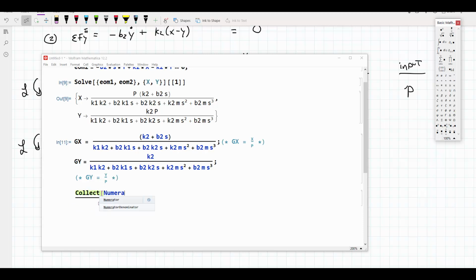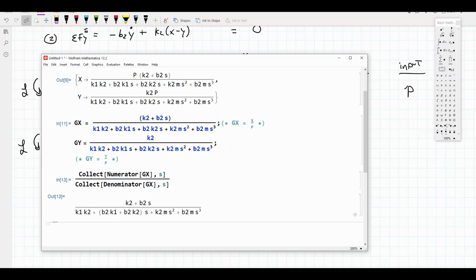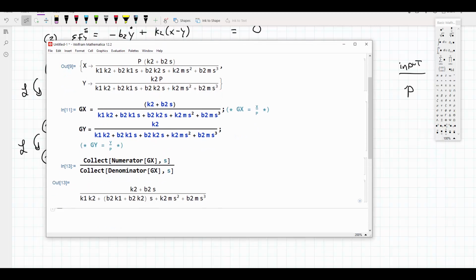So take just the numerator of gx and then collect the s terms together. And then the same thing for the denominator. And we see that it formats it in a nicer way. It has now grouped together those two s terms with a single coefficient in front of it. And that's going to just make it easier to write down in the end.